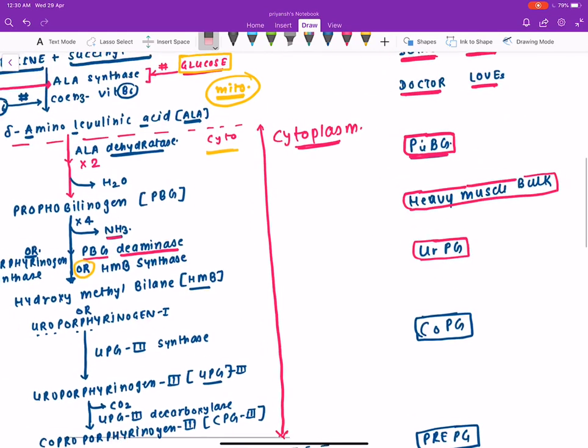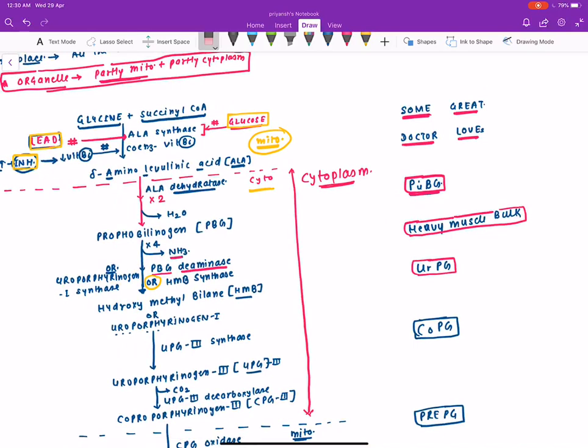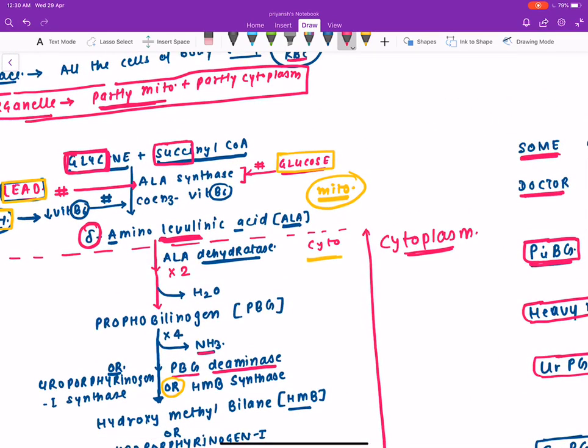Let's see how this mnemonic sets up in this pathway. Some great doctors, D for doctors, delta, loves. I am highlighting with the yellow color: some great doctors, delta is doctor, loves what?